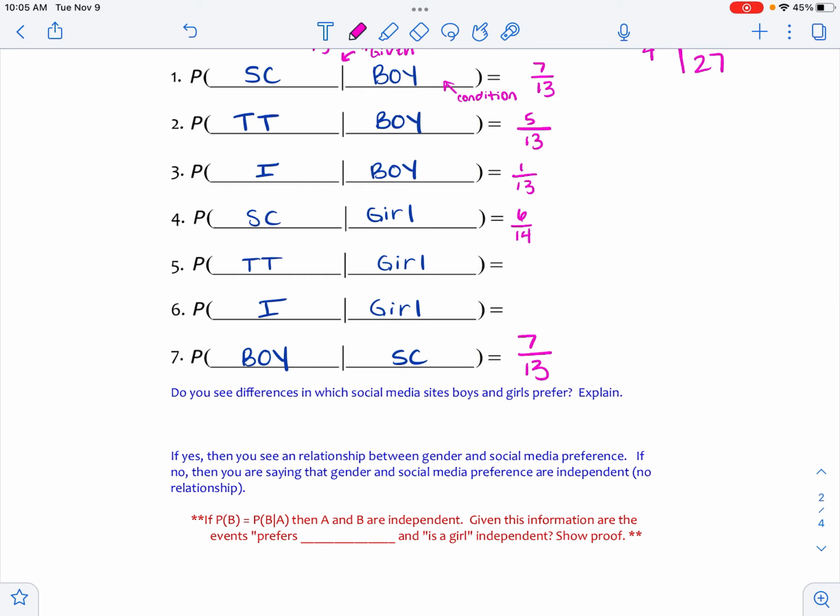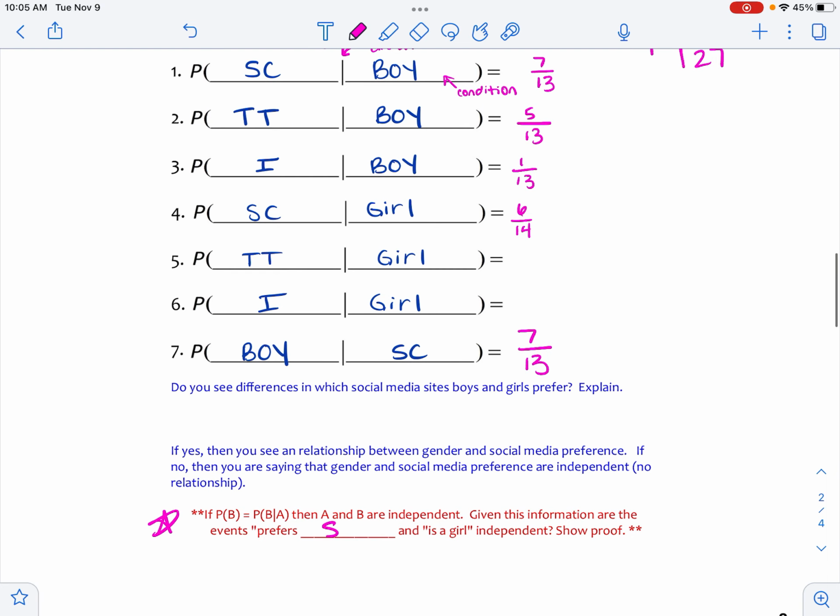If the probability of event B is equal to the probability of B given A, then A and B are independent. Given this information, are the events prefer Snapchat and is a girl independent?